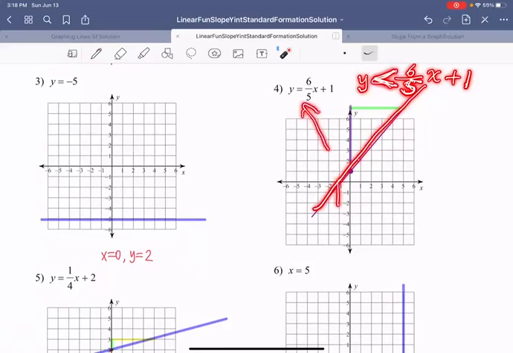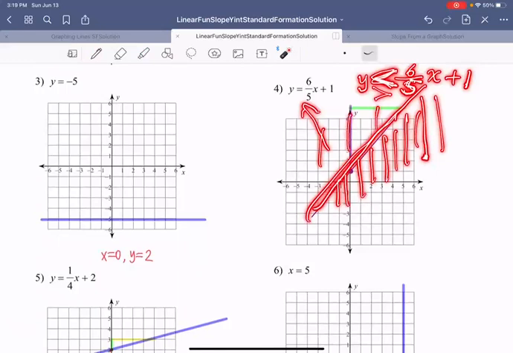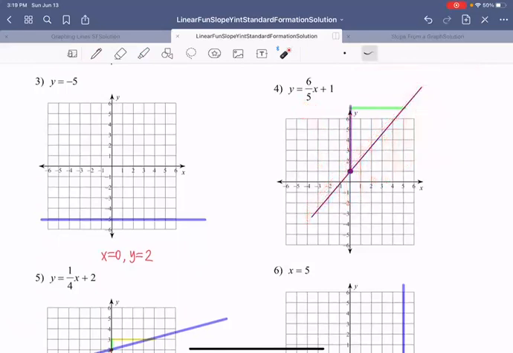Less than means below. Okay? You don't want to use left or right to draw the inequality. If y is less than, you draw below this straight line. If y is bigger than, you draw above the straight line. Does this make sense to you? Yeah.